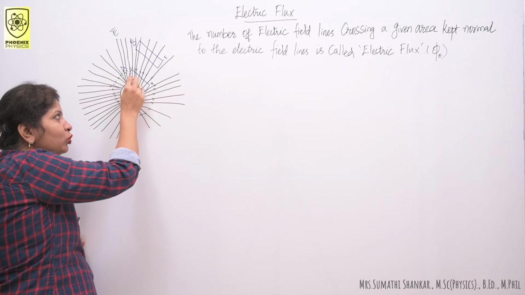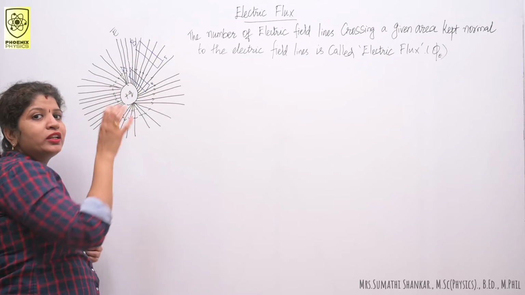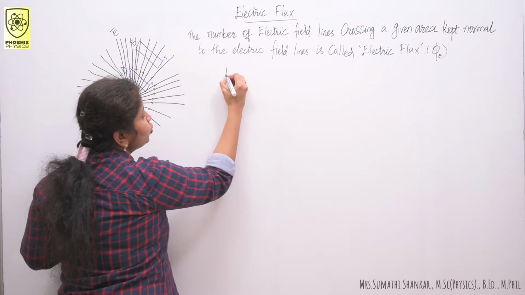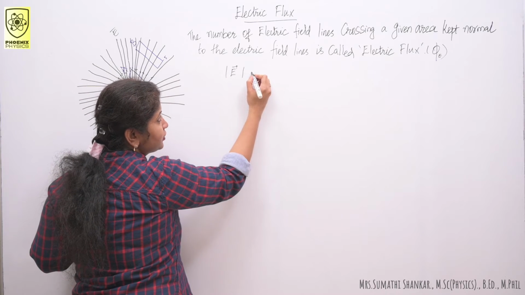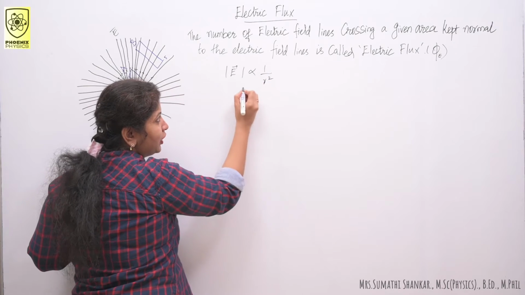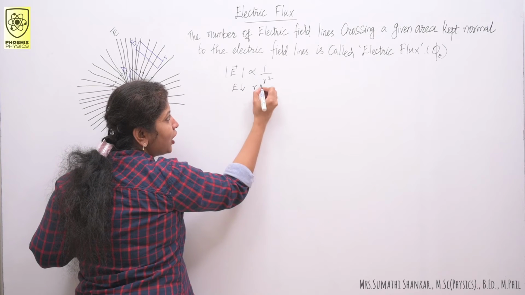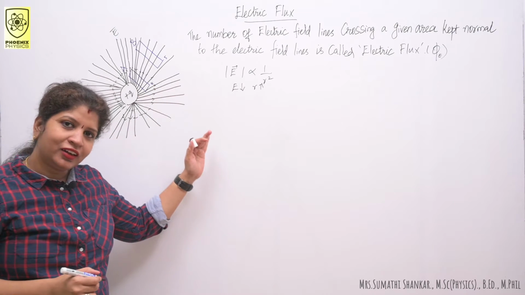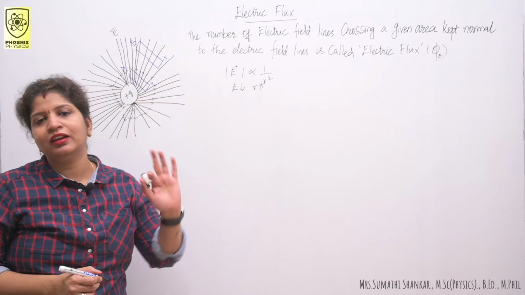See, here I have closed lines in region A. In region B, I have well separated lines, and you know that the magnitude of electric field E depends only on the distance, that is E is inversely proportional to r square, which means E decreases as r increases. These properties we have already studied while studying the properties of electric field lines.